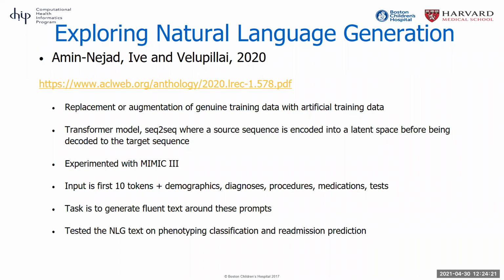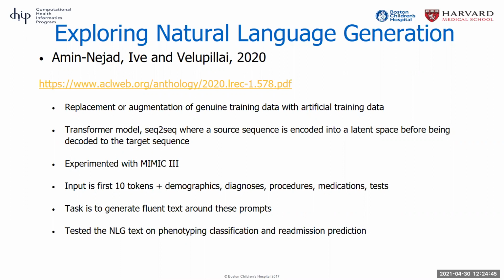So they experimented with the MIMIC3 corpus. Their input was the first 10 tokens of the data, plus some structured information. And through a seq-to-seq model, which is an encoder followed by a decoder, they generated fluent text around those prompts.